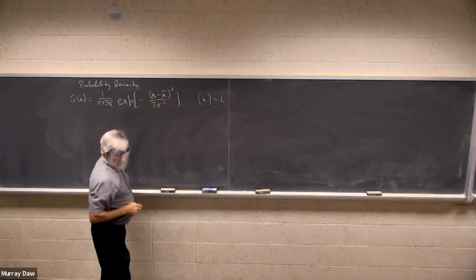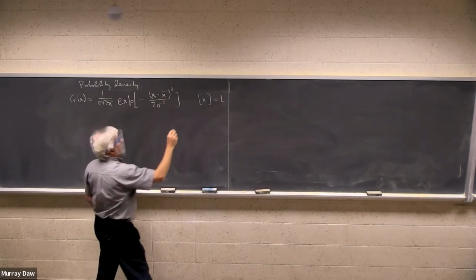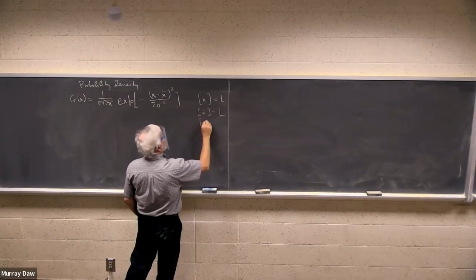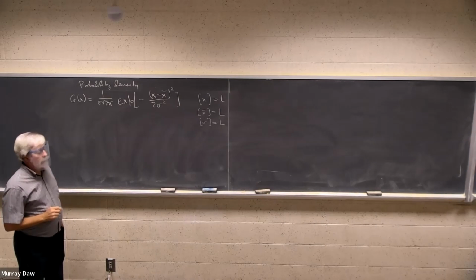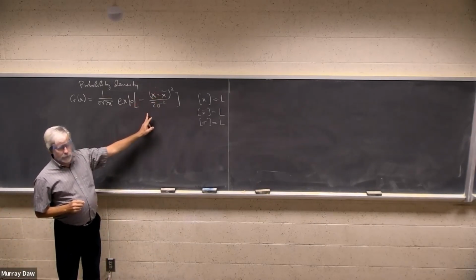For this to be dimensionally consistent, the X bar parameter also has to be length. Sigma, also a parameter, has to be length. See why those have to be. This has to be dimensionless inside, given the X dimension.